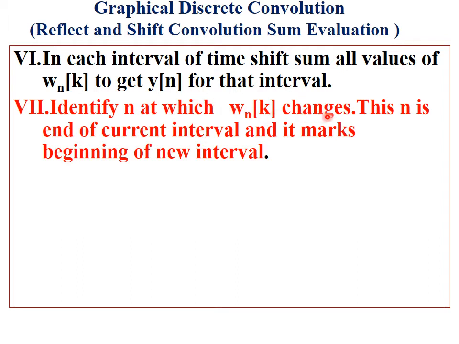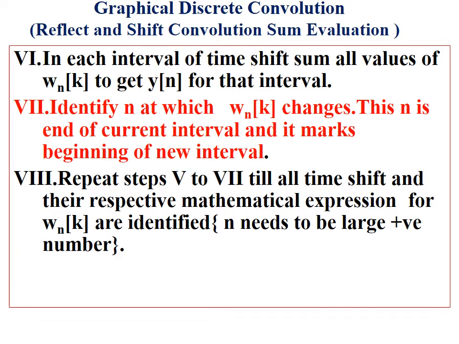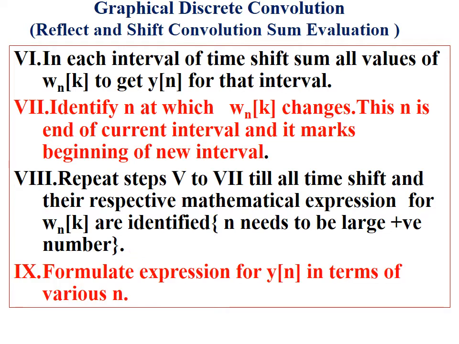This is highly important because this marks the beginning of a new interval and tells us that the present interval of n is over. We need to repeat steps 5 to 8 till all the time shifts and their respective mathematical expressions for w of n, k are identified. n needs to be a large positive number. Formulate the expressions for y of n in terms of various n, giving a generic solution.